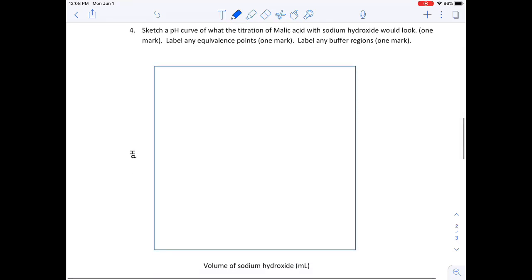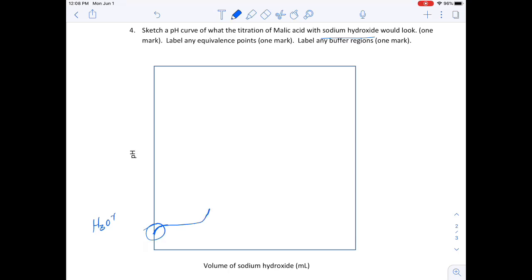Now, it says sketch a pH curve of the titration of malic acid with sodium hydroxide. So sodium hydroxide is in the burette, and we're starting at a pH that's going to be low. Often these curves have a nice little curved bit. This is the area where you've got the hydroniums from the malic acid just in water. Then we get the malic acid reacting with the sodium hydroxide.